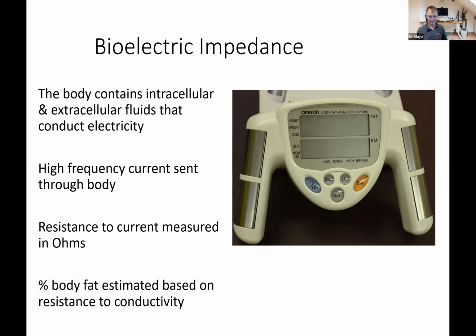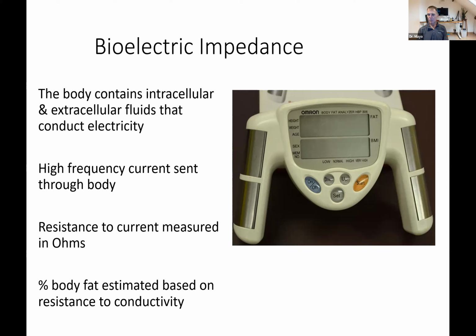Everything's electrical activity: nerve conduction, heart contraction, all these different things. And even for our body, remember what we talked about, muscle has more water and fat has less water.